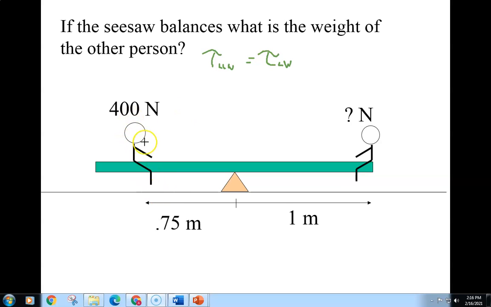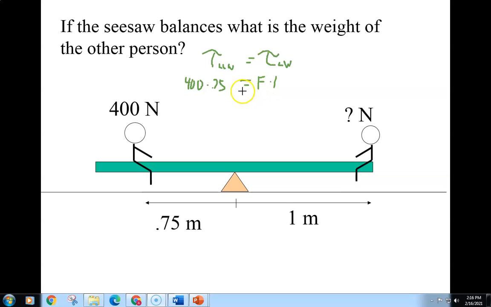This is my counterclockwise side. So that's going to be 400, force times lever arm, times 0.75. So 400 times 0.75 equals the unknown force times 1.